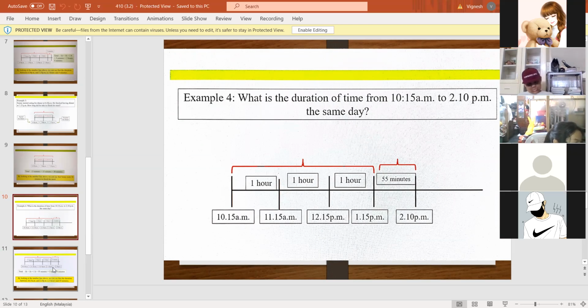Who can tell the teacher how long it takes from 10:15 a.m. to 2:10 p.m.? Hello, anyone please try?